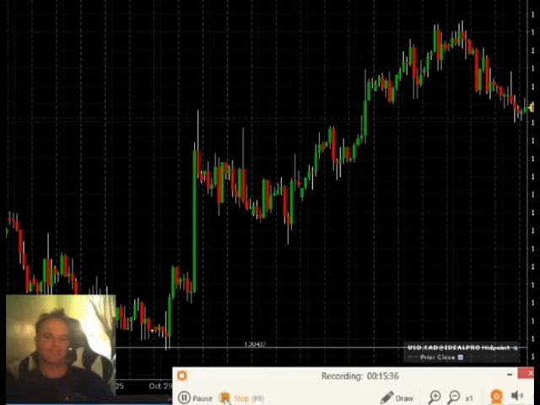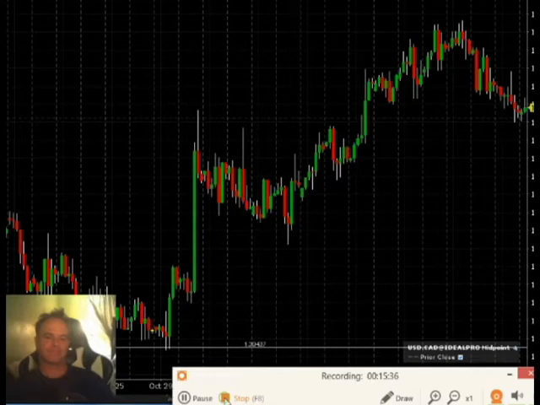Now, 130.43, 133.85. Right now, we're right around the midpoint there. We could just trade in this zone here until we make a break.